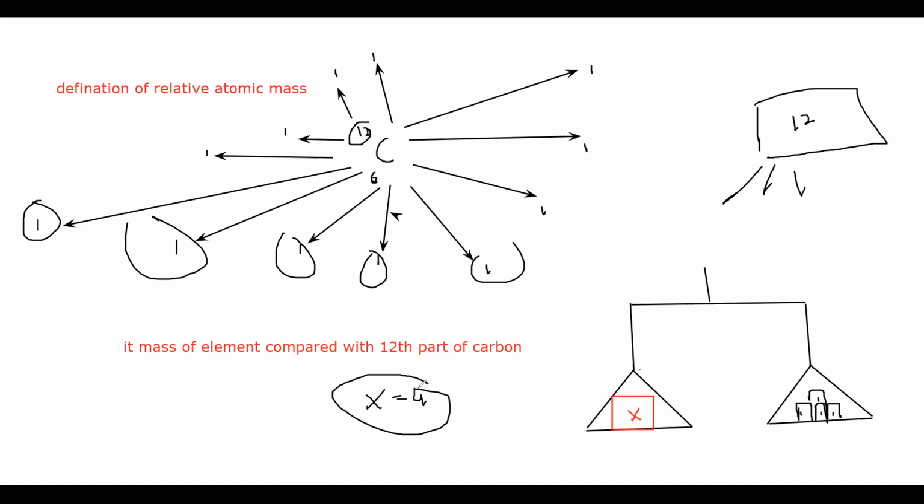Because it's a comparison. Compared to carbon, what is the mass of a substance? That's why we call it relative atomic mass, or Ar, capital A, small r. R is for relative and A is for atomic mass. So if we represent the relative atomic mass, Ar is equal to 4. Is it clear? The concept of relative atomic mass?